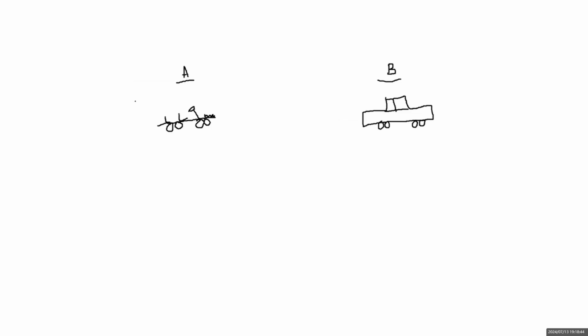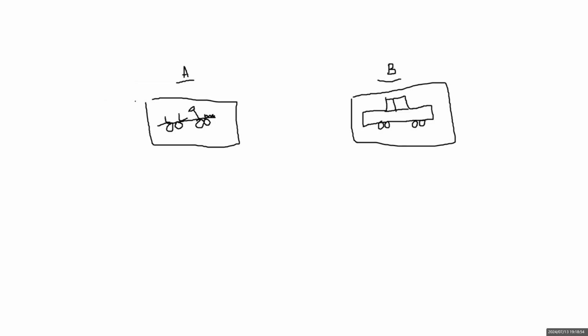Now, I want to ask a few questions. For example, here is a car A and here is a car B. If I say, please drive car A, drive the car from 0 to M position, which car do you want to drive, car A or car B?